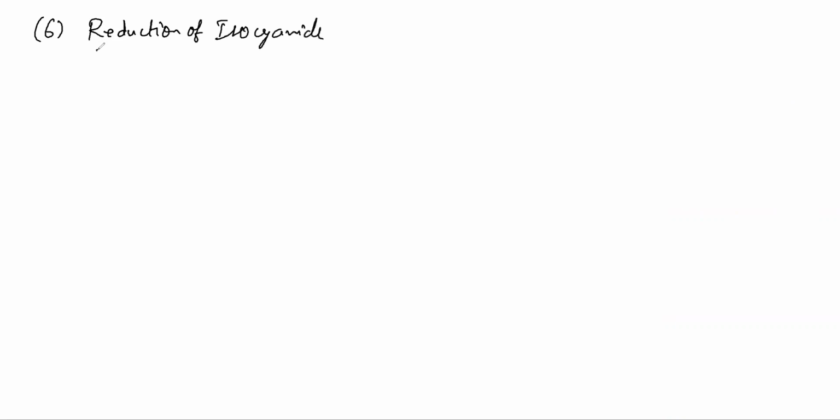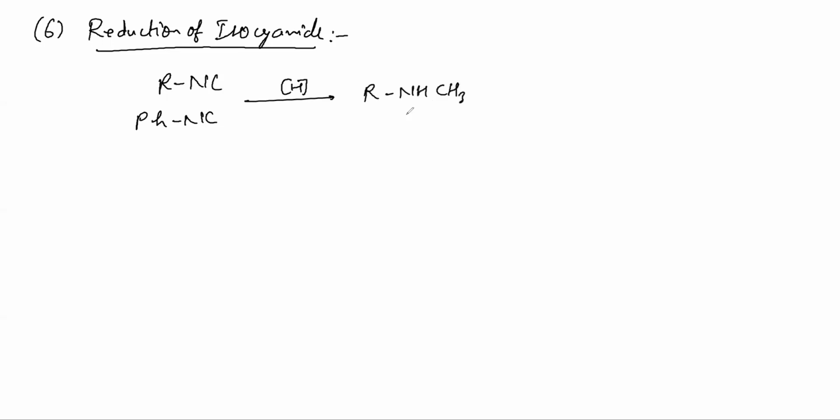Now it is a similar reaction. If you have RNC or PhNC, whatever, you reduce it. This time you don't get 1 degree amine. Instead, you get RNHCH3. It is 2 degree amine.